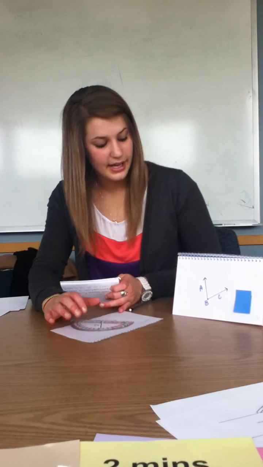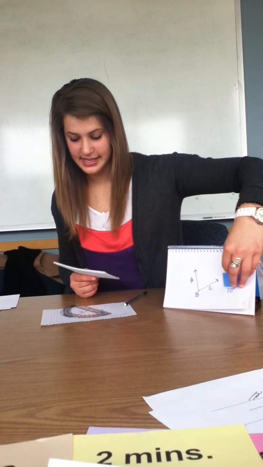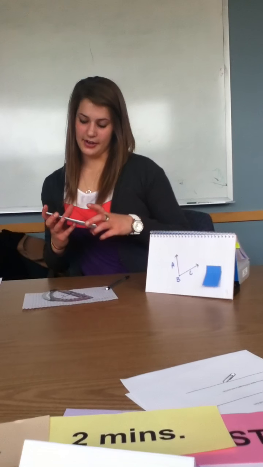And on the ray BC, we will locate the degree that the ray is pointing at. Once you find that, you will see that the angle is 70 degrees. So this is the angle measurement of ABC.